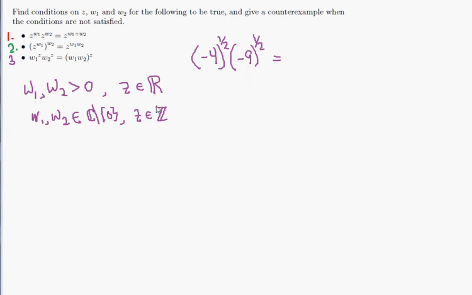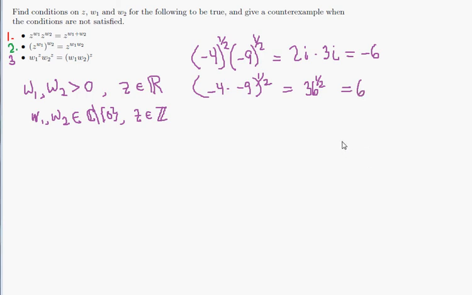So that means that the second case does not apply. By definition, this is equal to 2i times 3i, which is negative 6. Also, we have that negative 4 times negative 9, whole thing to the 1/2, is equal to 36 to the 1/2, which is positive 6.